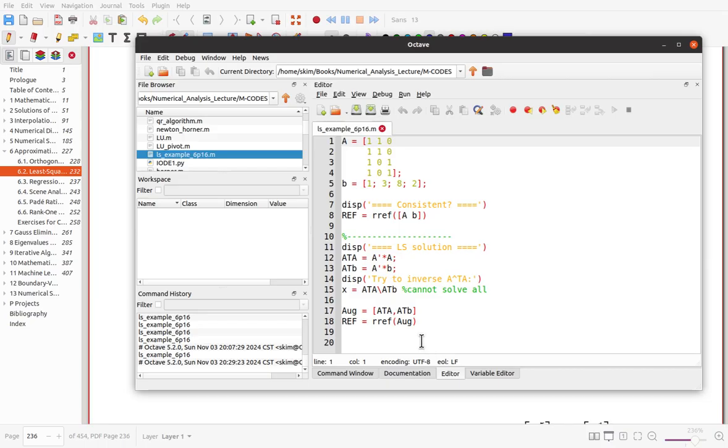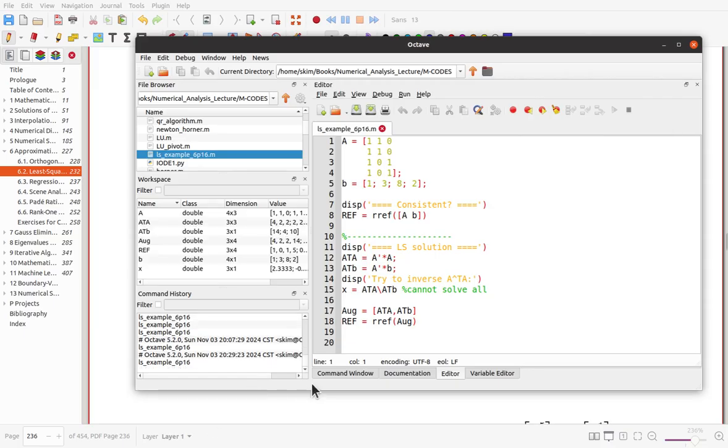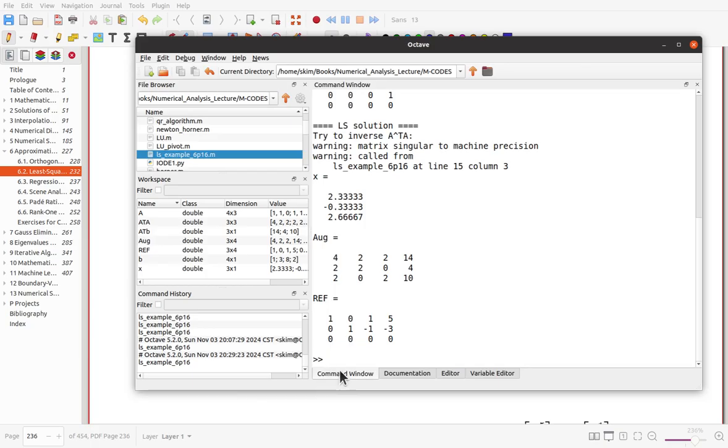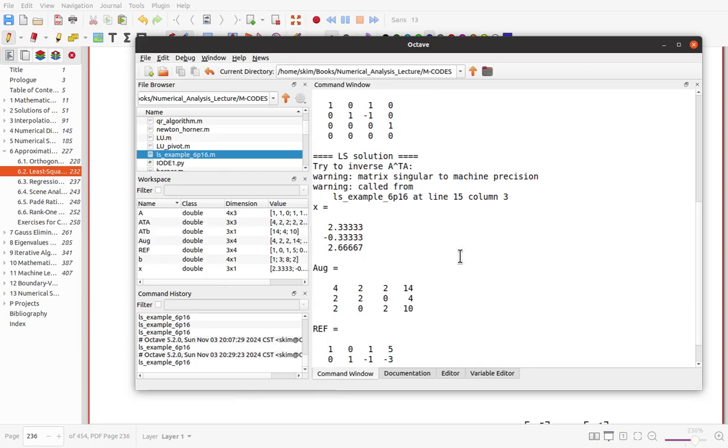Rather than that, with A transpose A and A transpose B, we'll get the augmented matrix and try to get the reduced echelon form. Okay, let's execute. F5 is the run, so I'll hit F5. Now in the command window, you can see the result.